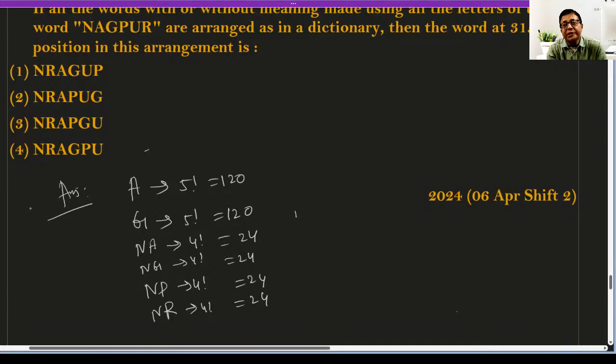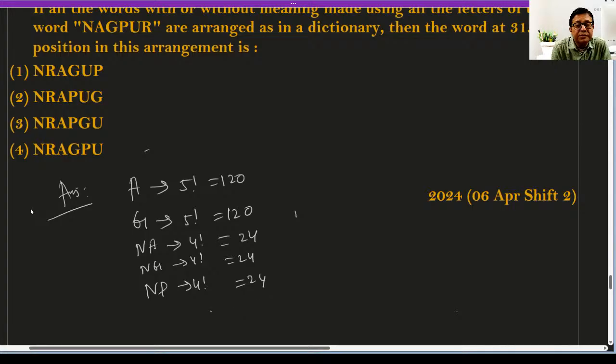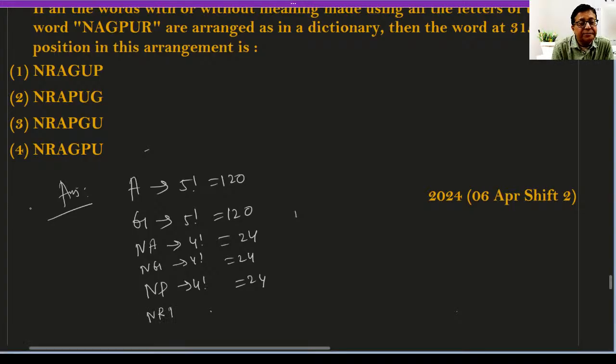Just count 240 and 96, 336. So we cannot proceed here. With NR, we cannot do all the arrangements. You keep NR here, then automatically A comes first.